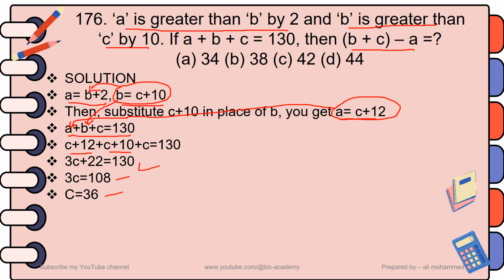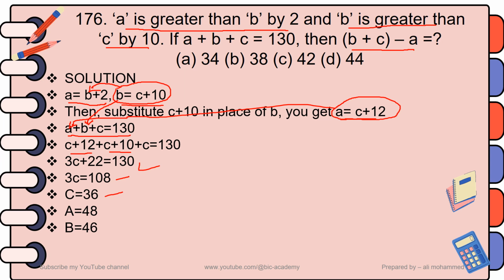Since the value of C is 36, A is equal to 36 plus 12, and A is equal to 48. Again, you can find out the value of B. B means C plus 10, and C means 36. So B is equal to 36 plus 10, which is equal to 46. Now we have the values of A, B, and C.